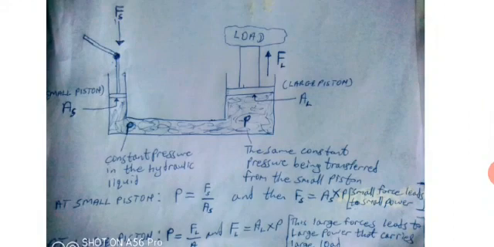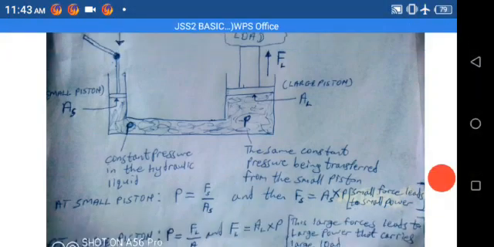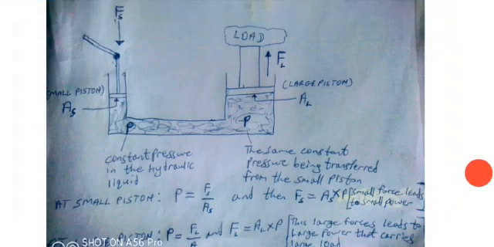And when the pressure is put into the liquid, it is the liquid that now transfers it to the large piston, and the pressure remains the same. The area of the large piston, you can see, is also a large cross-sectional area. That is why I represent it by AL.